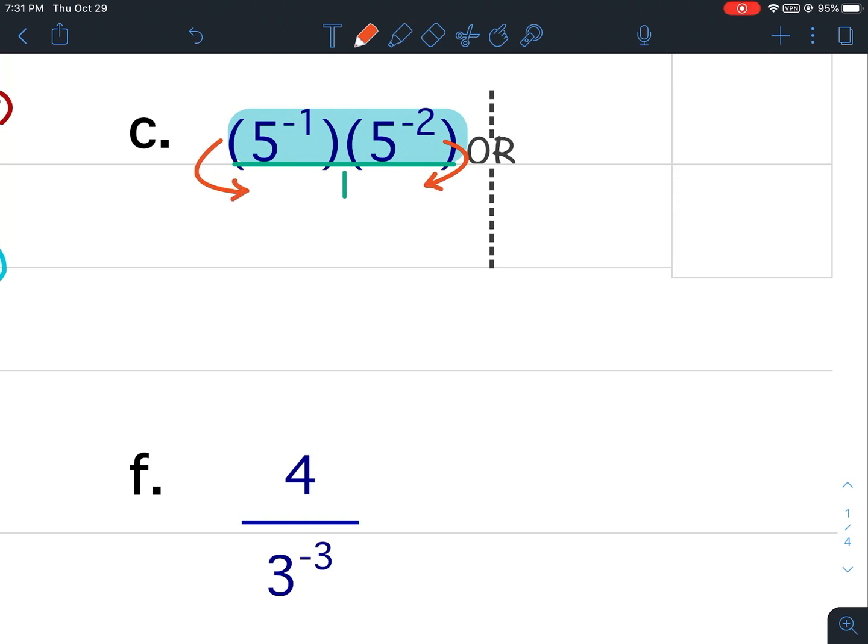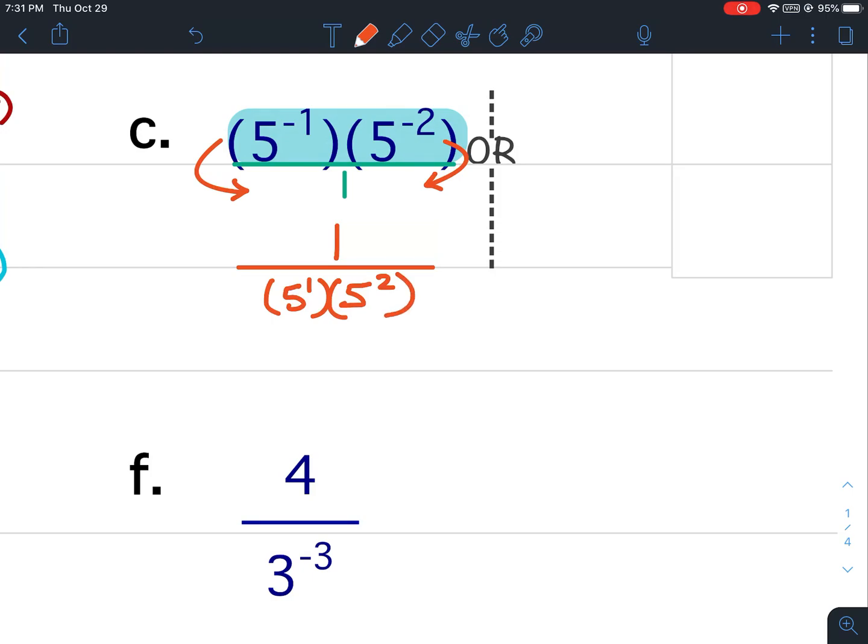Well, because both would move to the denominator, that means there's nothing left on the top. And when there's nothing left on the top, we need a 1. So now this would be 5 to the first times 5 to the second.